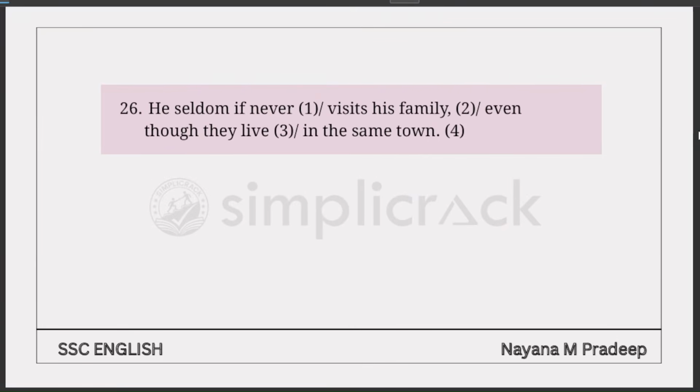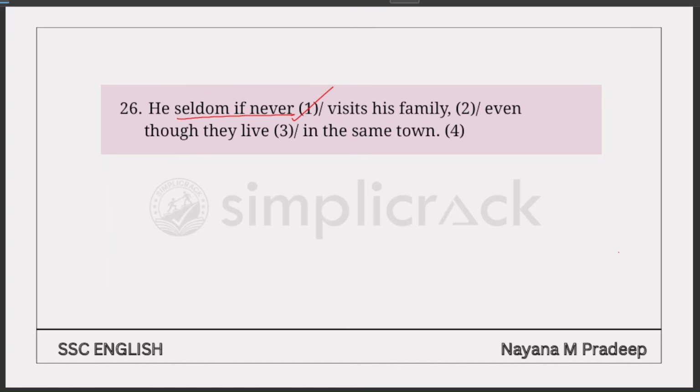Next. He seldom, if never, visits his family even though they live in the same town. What is wrong here? So here the error is in the use of the phrase seldom, if never. This is the part that contains the error.